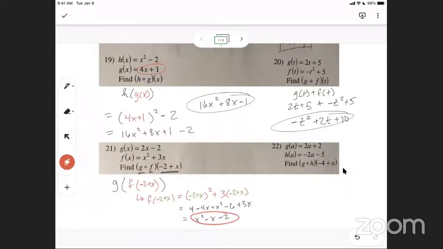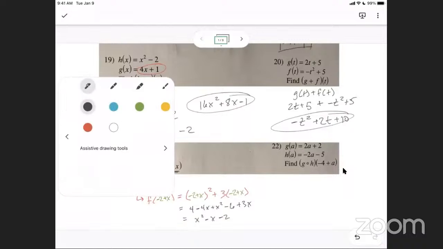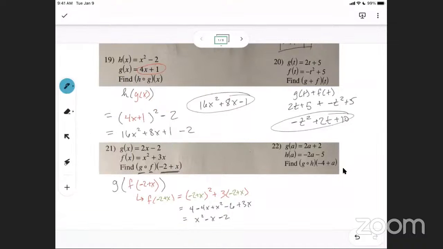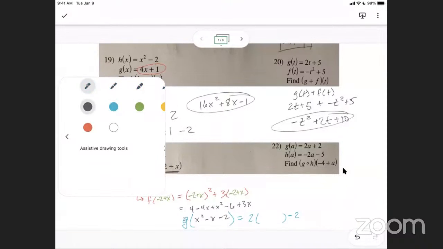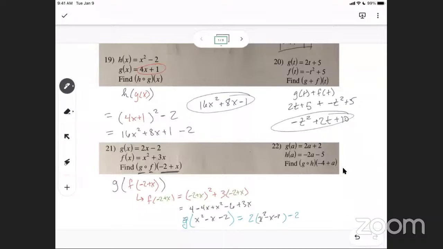So that is what's going into g now. I'm plugging that into g. Basically now I'm taking g of that, which equals 2 times something minus 2, and that something is x squared minus x minus 2.